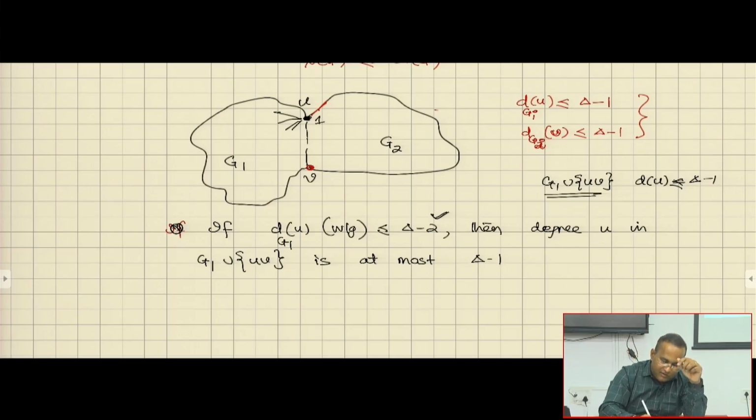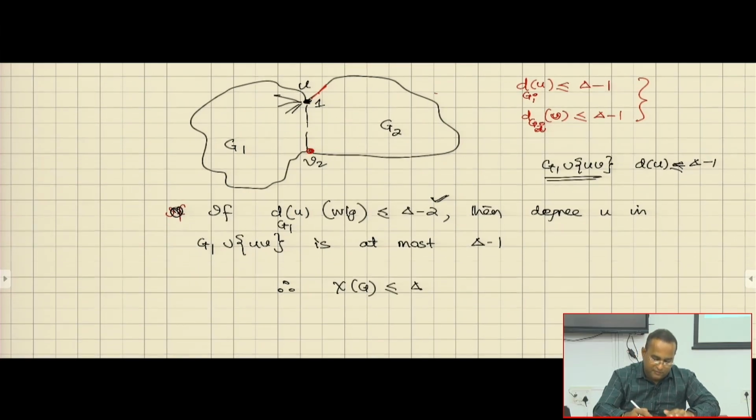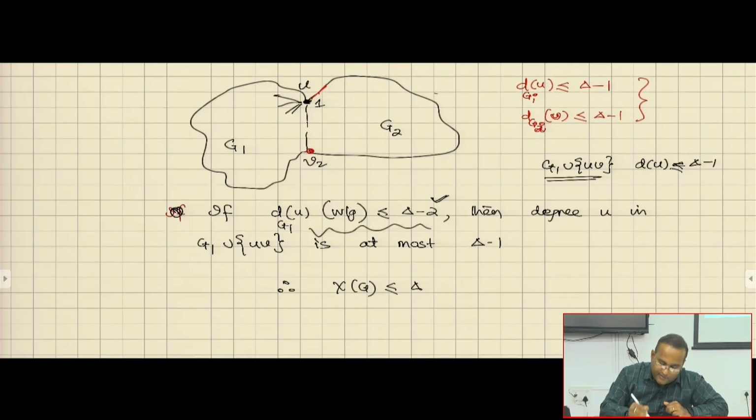Say 1 and 2; if there is need, you permute the colors of G2 to get the coloring of G. Therefore the chromatic number of G will be at most delta in this case.